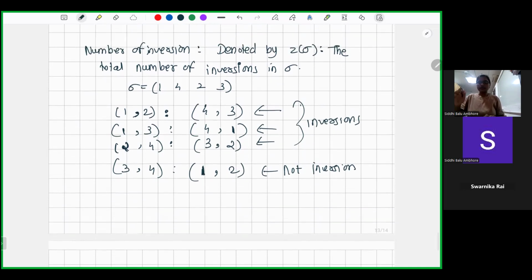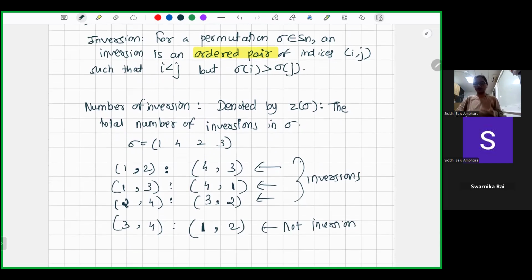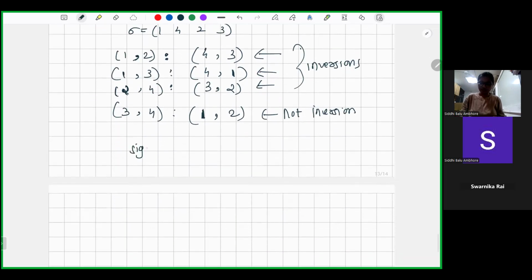Okay. And we also have the connection that the signature of sigma is also minus 1 power z of sigma. So there are many ways to define signature.